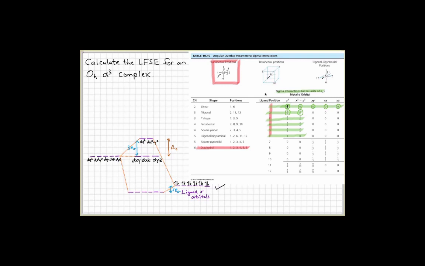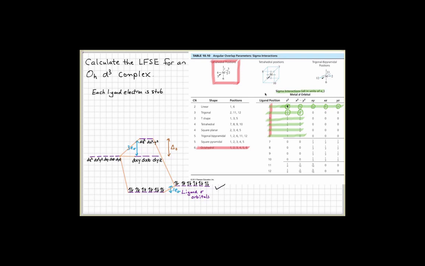So let's do a quick example using this particular diagram to calculate the ligand field stabilization energy for an octahedral d3 complex. To do this, we're going to show our ligand pairs of electrons stabilized each by 1 E sigma.